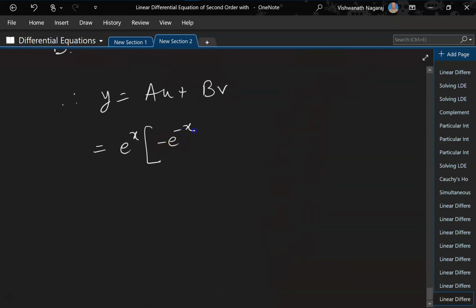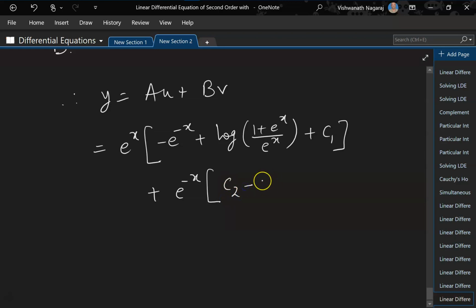Minus e to the power of minus x plus log of 1 plus e to the power of x by e to the power of x plus c1 plus e to the power of minus x times c2 minus log of 1 plus e to the power of x.